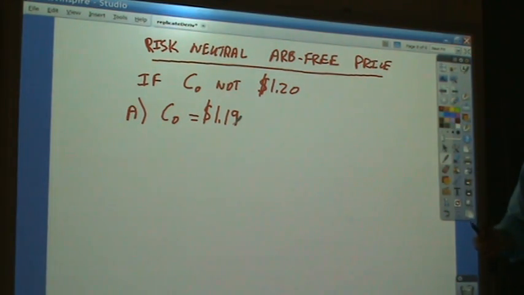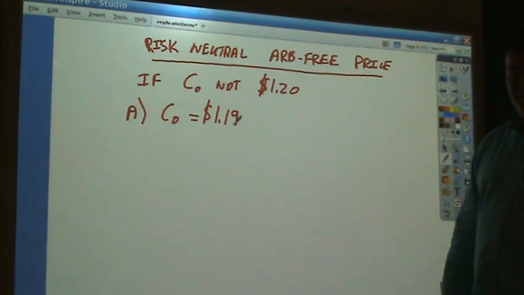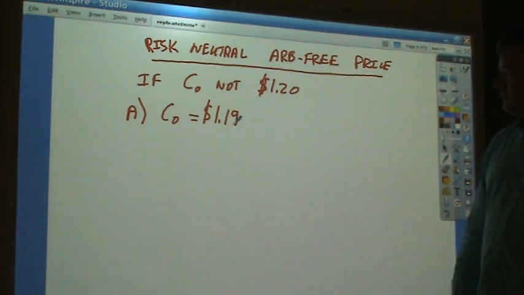What could an investor who wants to guarantee to make money do? Any ideas? Could you buy at 1.19 and sell them for 1.20?